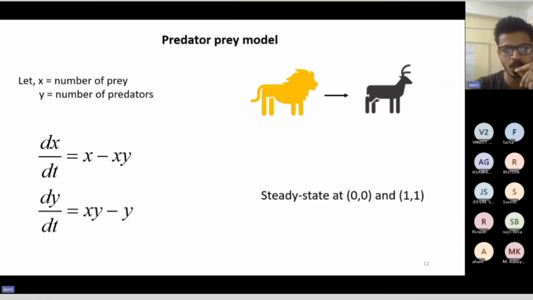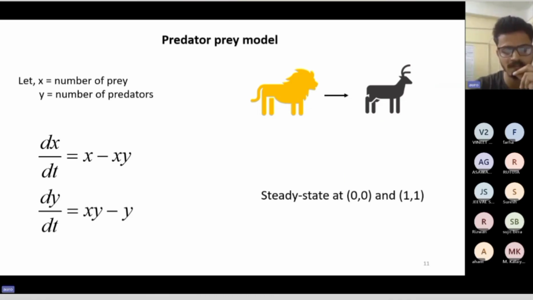We know that the rate of change of prey will depend on the birth, which depends on x, and the death, which depends on xy, because the predator will eat the prey. Similarly, the birth of the predator will depend upon the prey, and the death is basically a simple first-order decay.